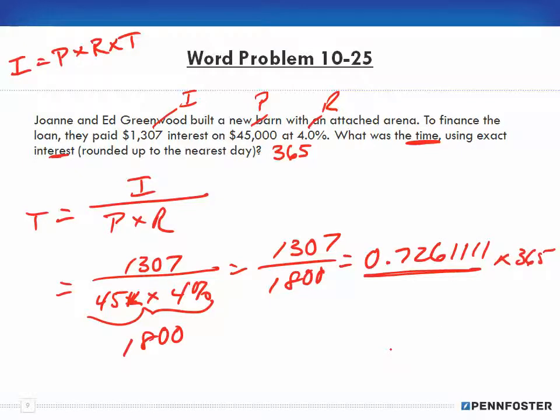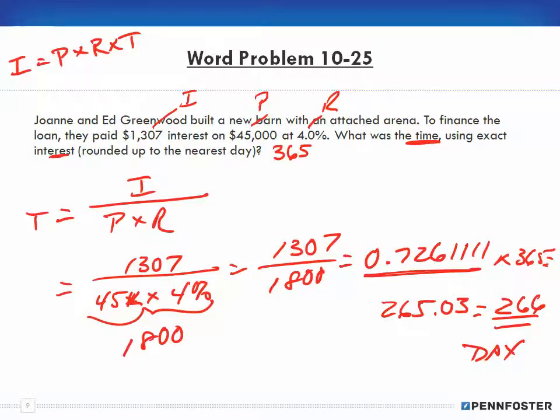That gives me 265.03. We're going to round that to the nearest day. I'm sorry, round up, because it's greater than a full day. So we end up with 266 days, and that's how you do that problem.